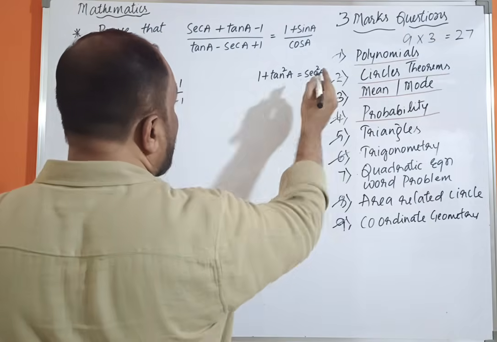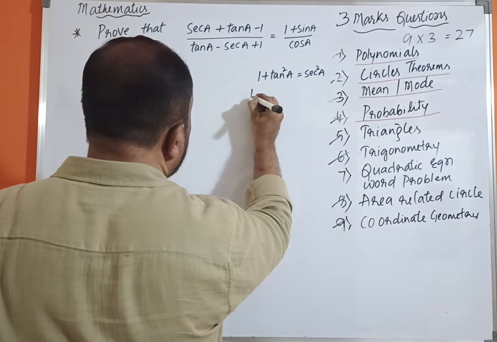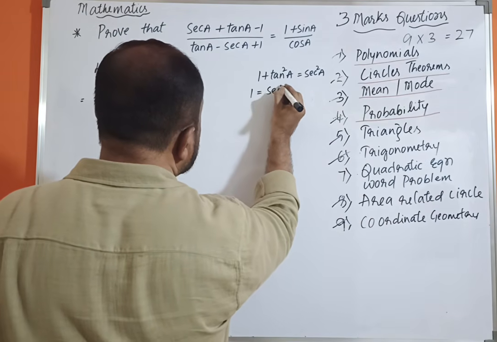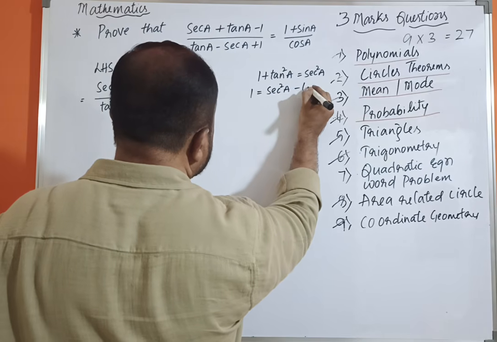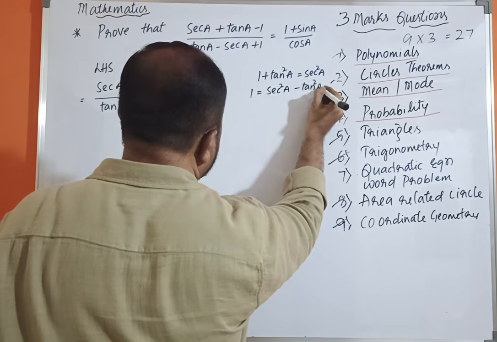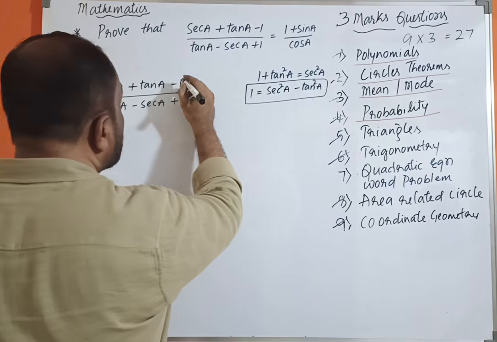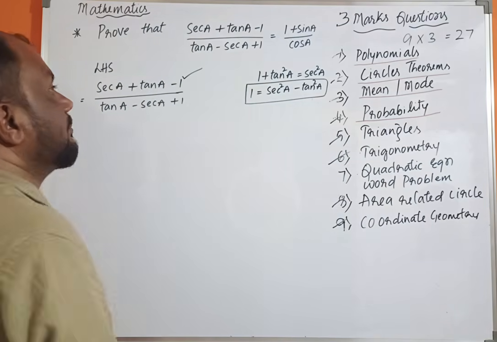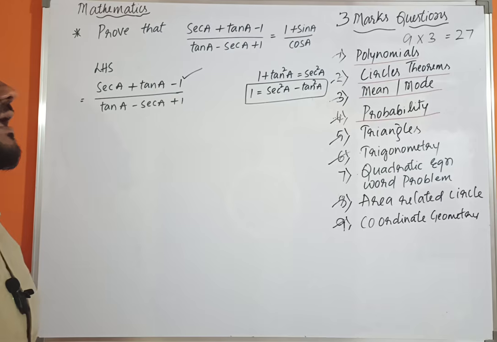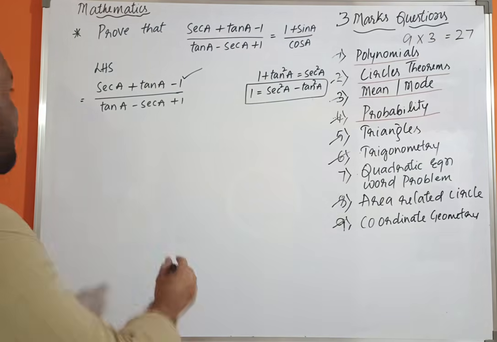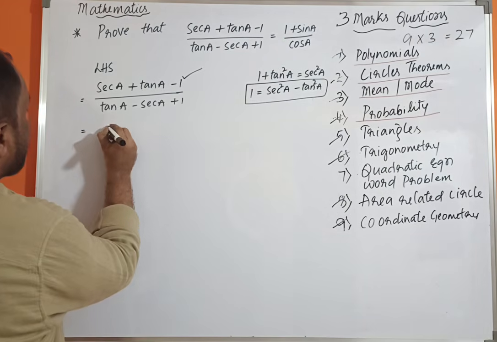So if I transpose tan square A, we get 1 is equal to secant square A minus tan square A. This 1 in the numerator we are replacing as secant square A minus tan square A. So let us start.